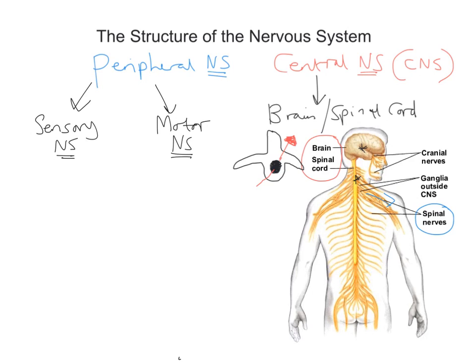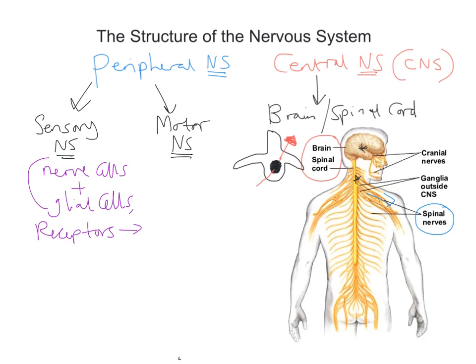So those sensory neurons, or part of the sensory nervous system, comprises of nerve cells and these things called glial cells, which are supporting cells, and they carry information or nerve impulses from receptors towards the CNS, the central nervous system.